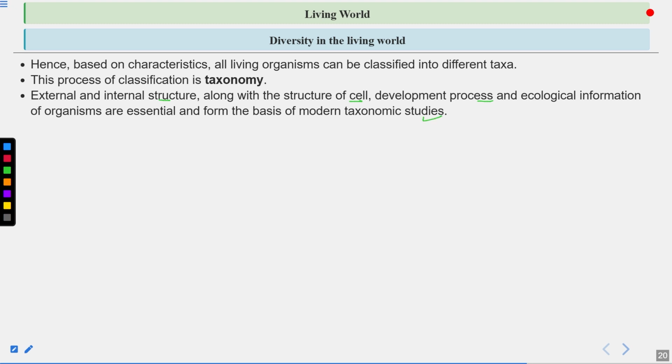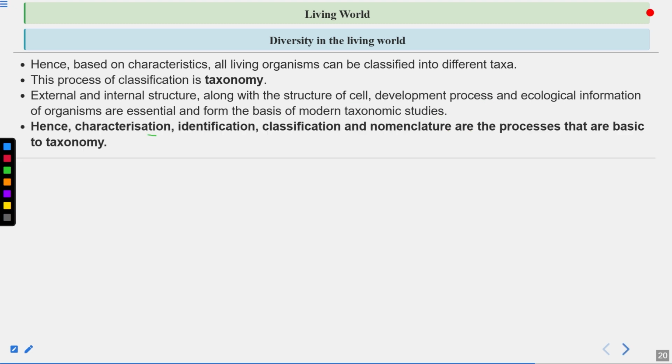Whenever we are doing taxonomic studies, what all things do we take into consideration? The grouping of organisms is based on features such as external and internal structures, structure of the cell, developmental process, and ecological information of the organisms, meaning in which area they are found. This forms the basis of modern taxonomic studies.